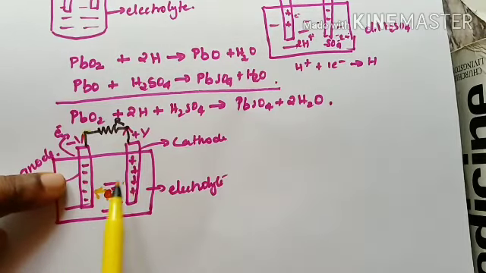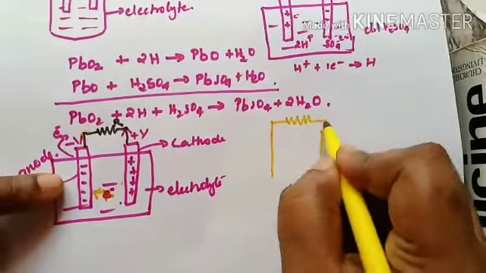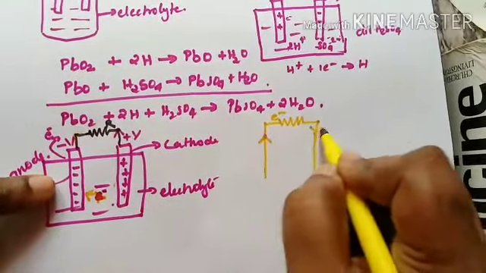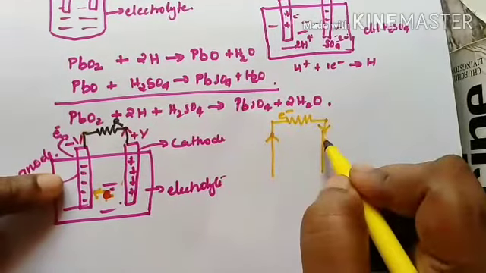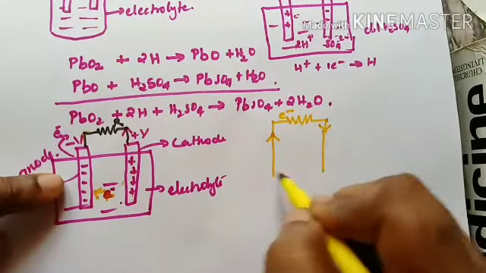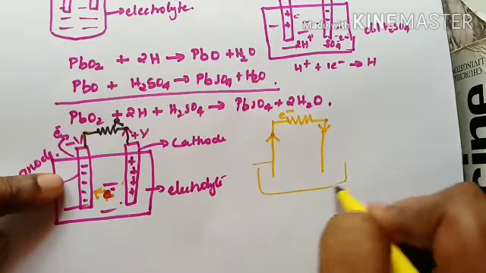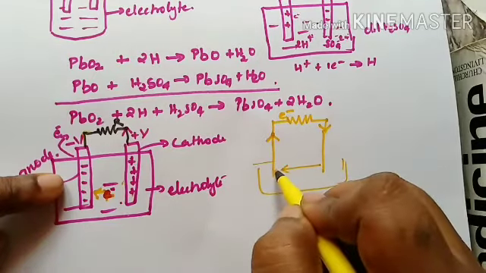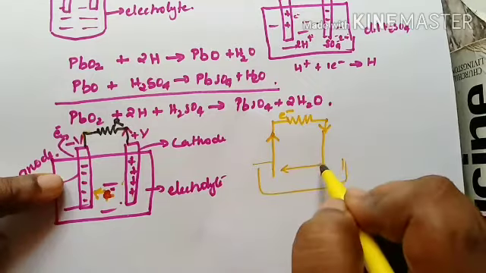See, I'm going to draw it here. These are two metal plates. This is your external circuit, and the electron is flowing like this and coming here, and from here there is only electrolyte. So only if the electron flows from this position to this position will the circuit be completed.